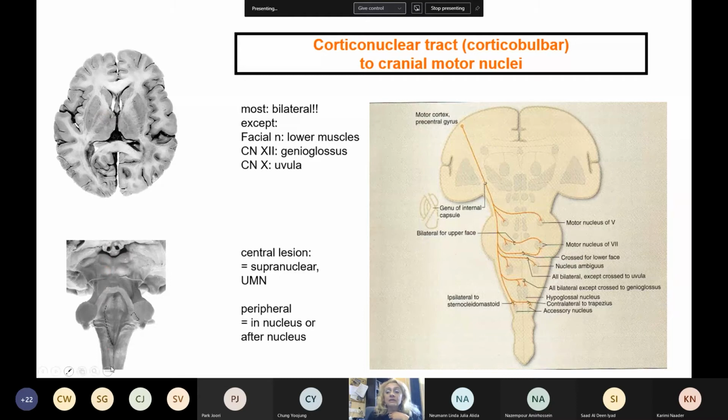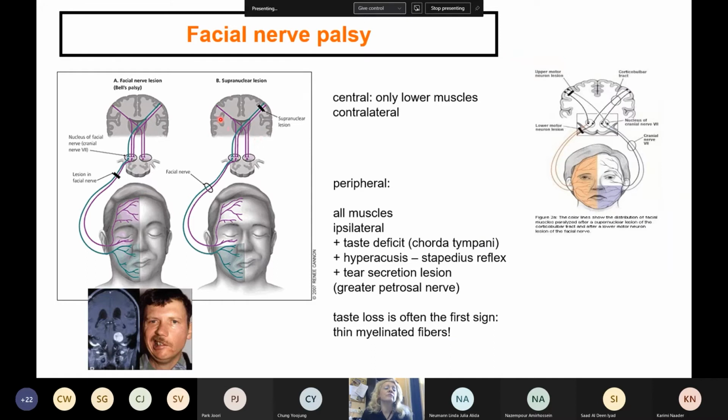And here you can also see a lot of nerves and pathways that can be asked in these pictures too. Let's talk about the facial nerve, because this is the most common cranial nerve lesion, more common than all the others together. And both the central and the peripheral lesions are common.